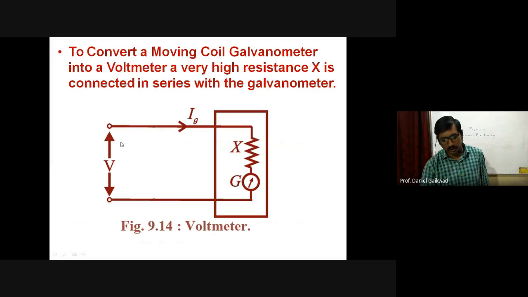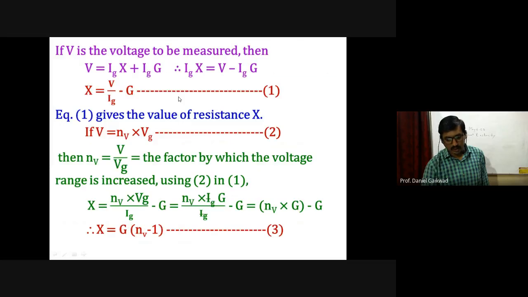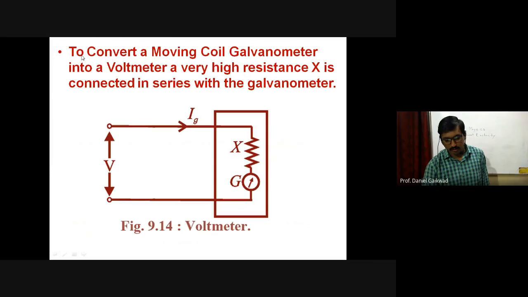Now we have a very simple diagram. Range of voltmeter is V, current Ig flows through X as well as G. So X is a series resistance in series with G, and the current will remain the same, that is flowing through X as well as G. Now we have small equations related to the diagram here.